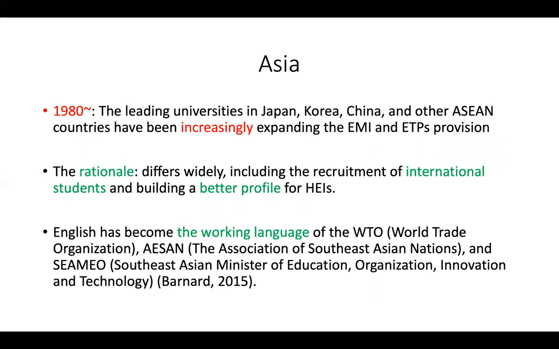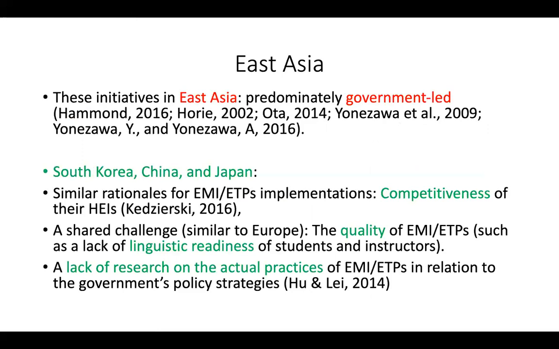Also, in recent years, English has become the working language of different organizations, including WTO, ASEAN, and so on, so that English has become more and more useful in higher education and at the tertiary level.